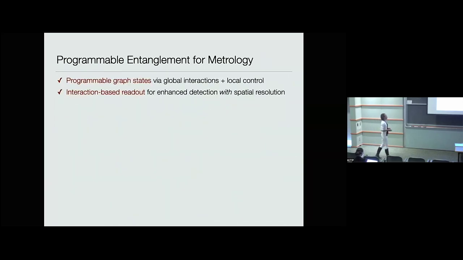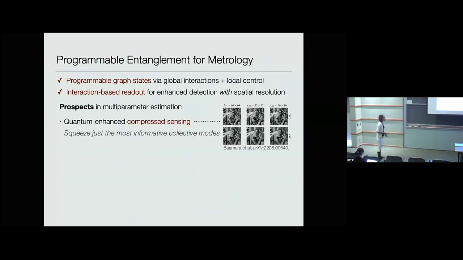So I've shown you how we can program the graph of entanglement and also use interactions to enhance the readout of these states. One direction that I think would be fun to explore with this is basically asking, in general, if you're trying to do some maybe more sophisticated task than just measure a field or even a gradient, but say classify images, classify spatial patterns in a field, there may be particular collective modes that are more informative than others.